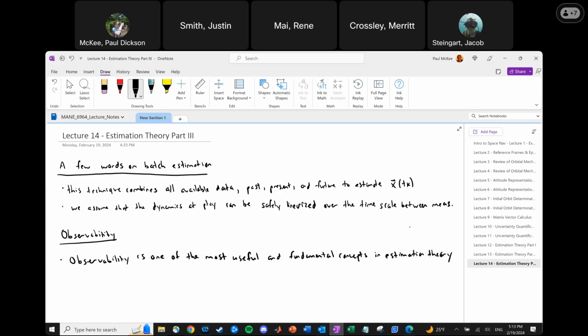A system is observable if you can uniquely determine the state from the available measurements.